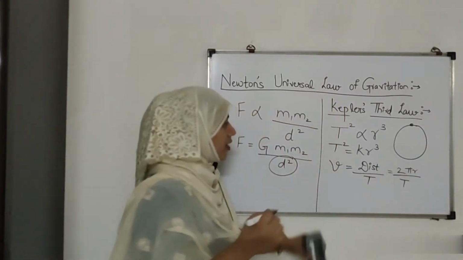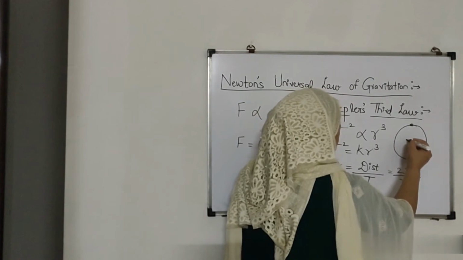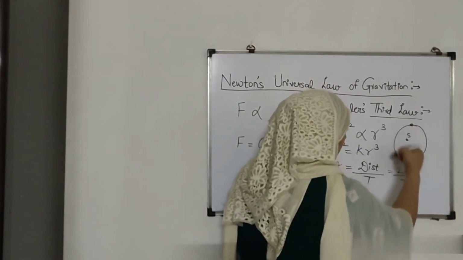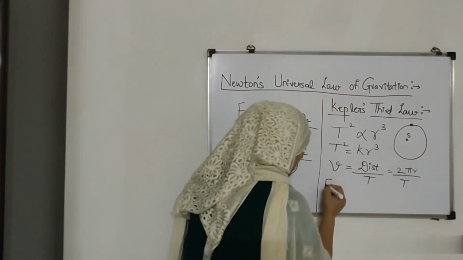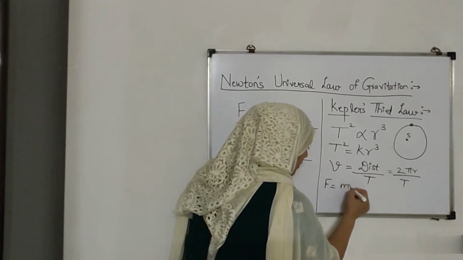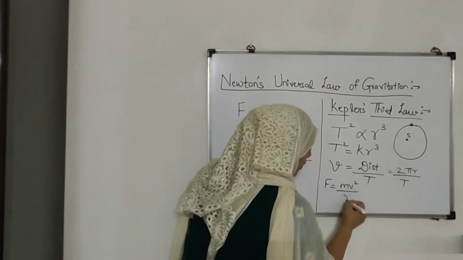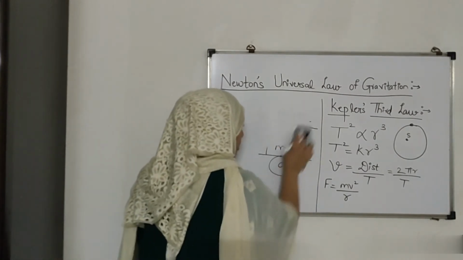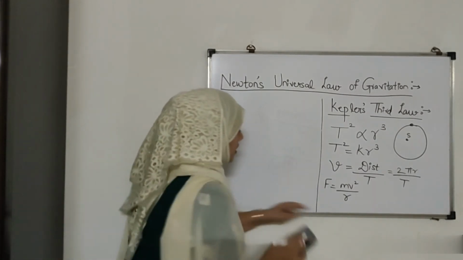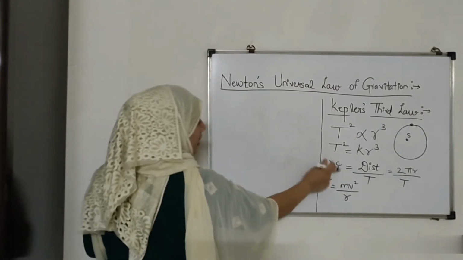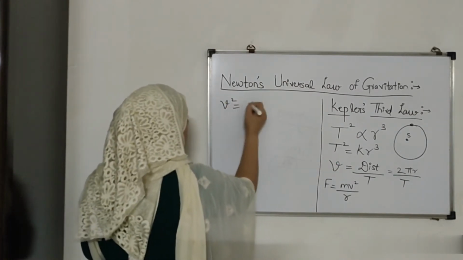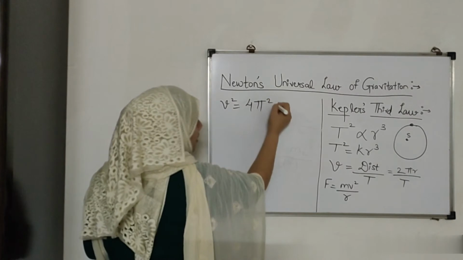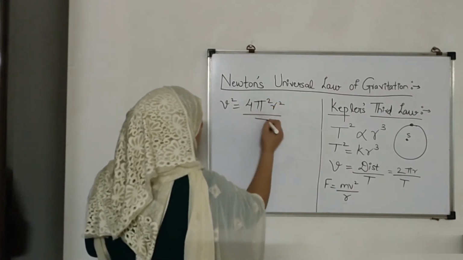When the planet is moving around the sun, the force is provided by the centripetal force, which is m v square upon r. My v square is 4 pi square r square upon T square.